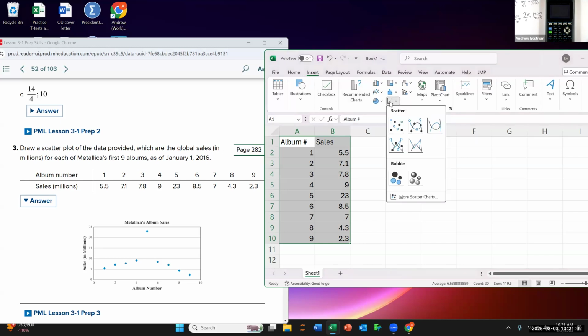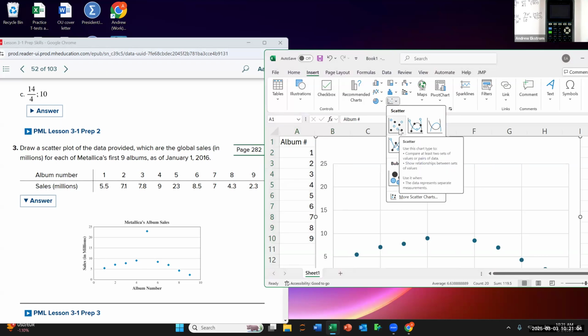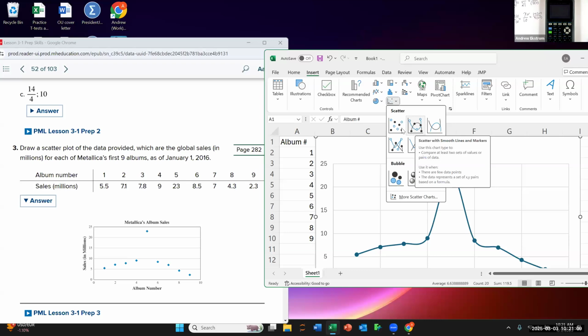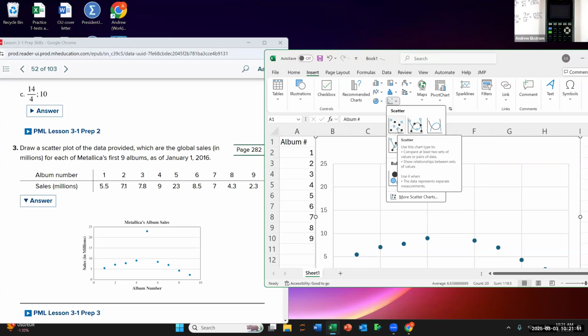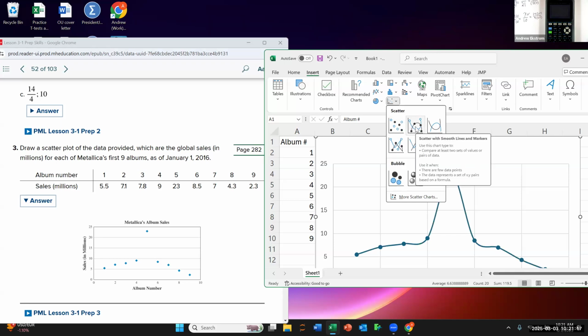Then down here, I've got charts. So we can see what some of these different charts look like. If we just want the traditional scatter plot, it's going to be nothing but dots like that. We can try to make it where it connects all the dots using, like it says on there, smooth lines and markers.